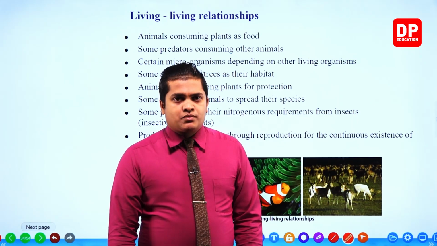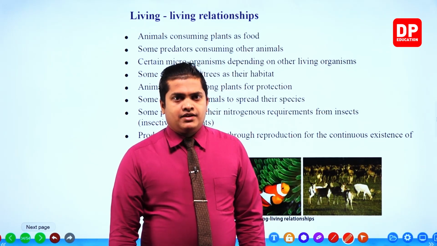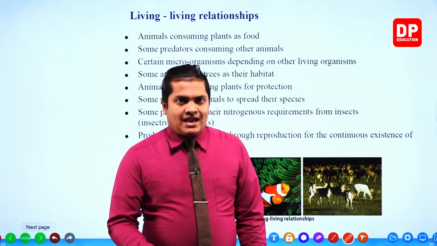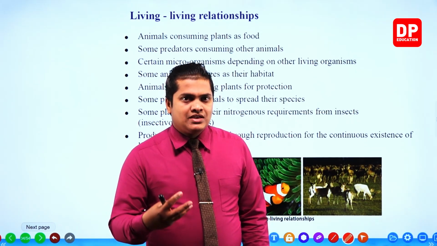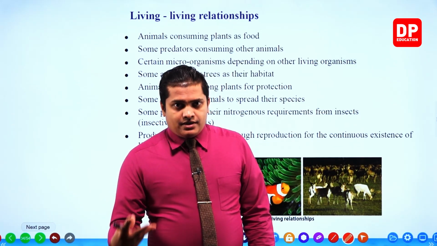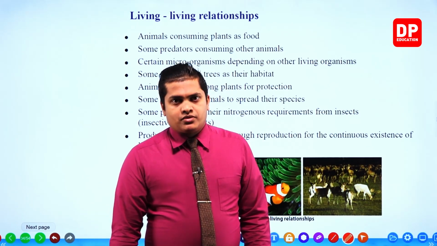You know that to produce protein, nitrogen is a very important factor. Nitrogen is compulsory for the production of proteins. So when some plants, not all, lack nitrogen, they use these insects in order to get their necessary protein amount, okay.